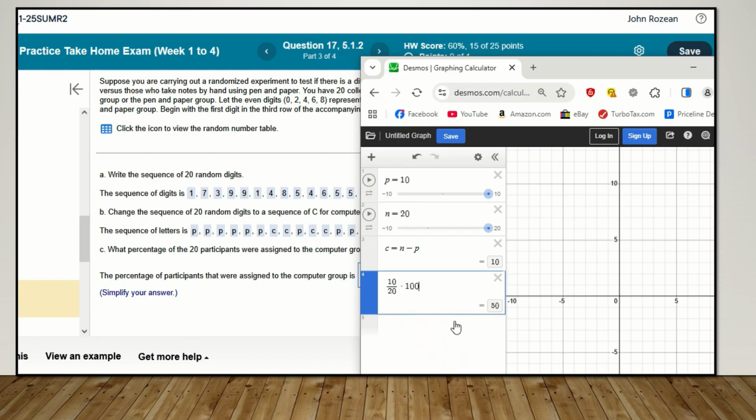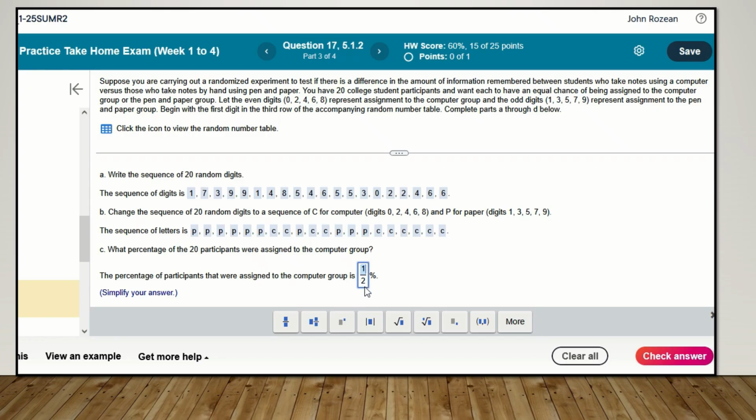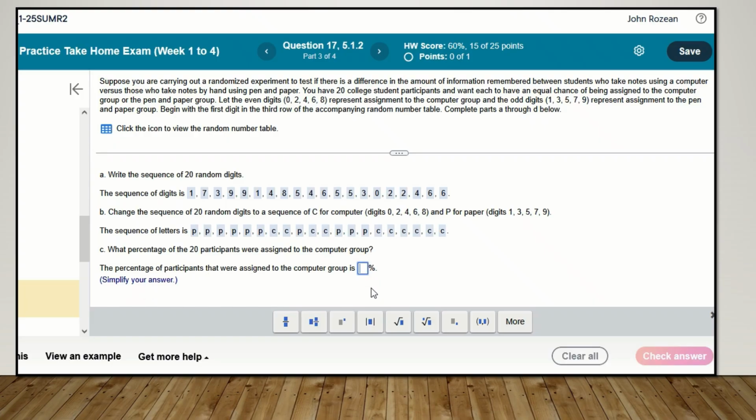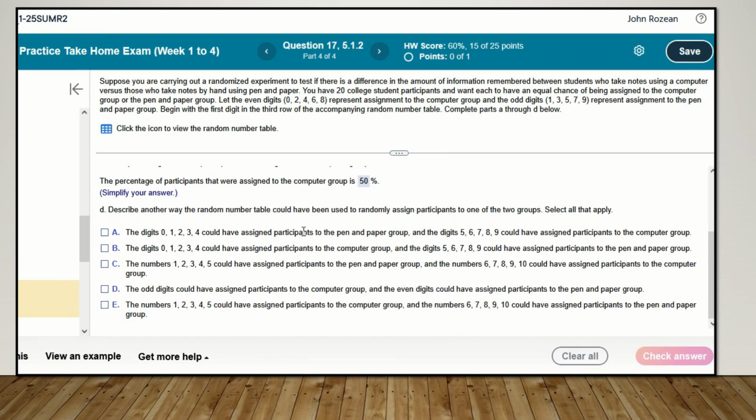See, it's all misreading. So it's actually 50%. Can't even remember what the delete key is at this point. We get rid of the whole thing here. And there we go. We can put our 50 in. There we go. And then now D.